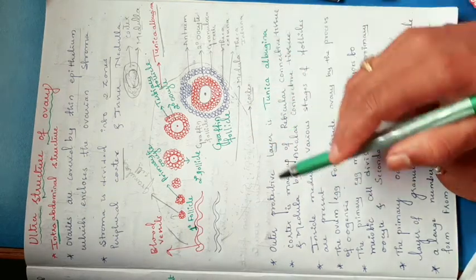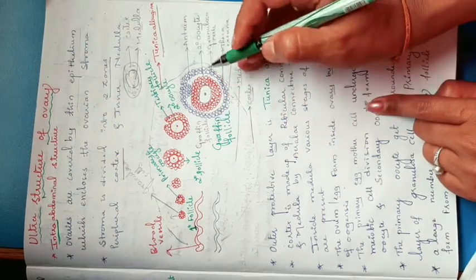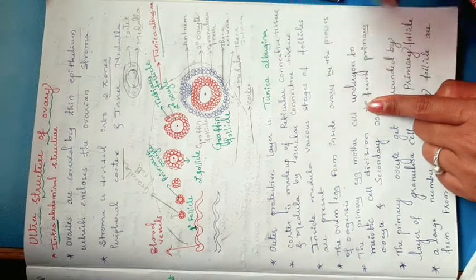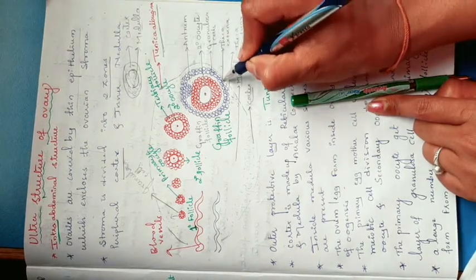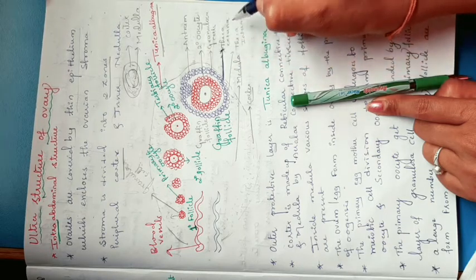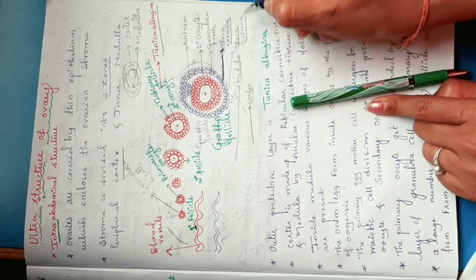In the Graafian follicle you can see the protective layers, the theca, which are of two types. Two layers of theca are present: the layer which protects from outside, the outer layer, is the theca externa, and the inner layer is the theca interna.